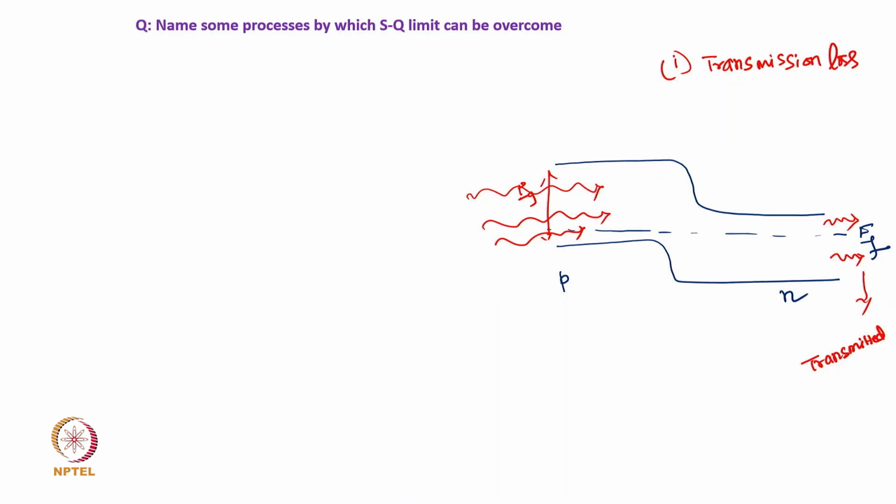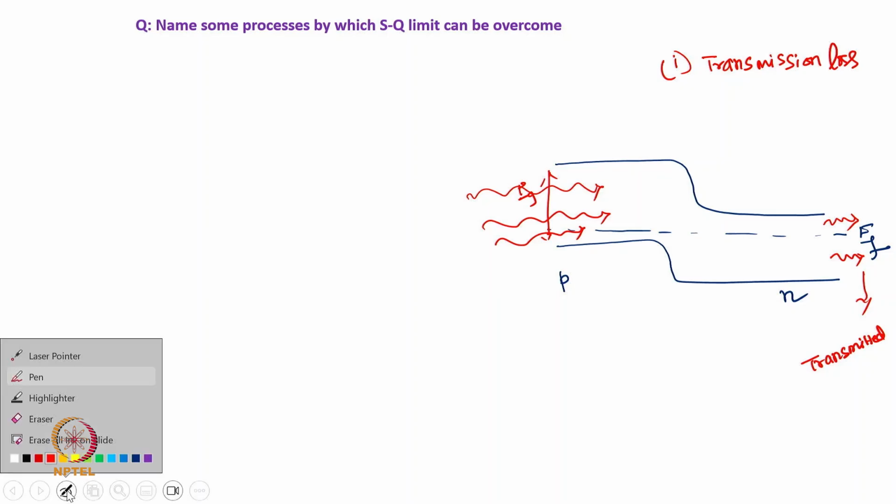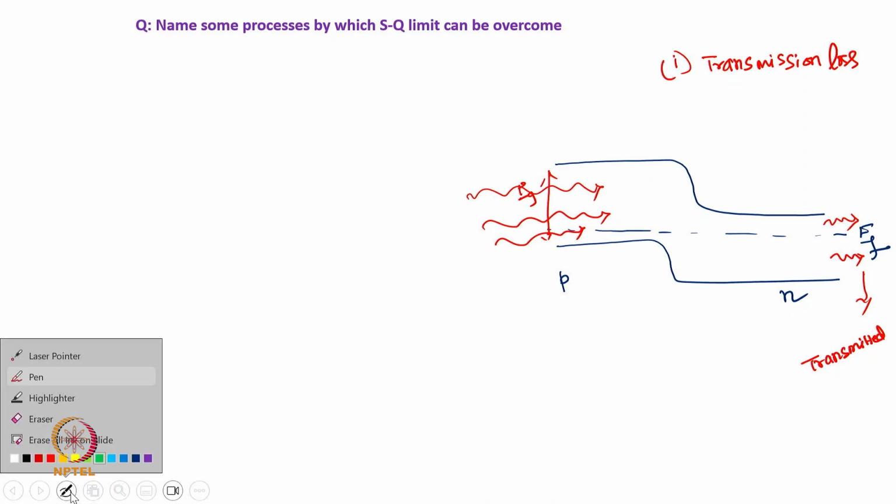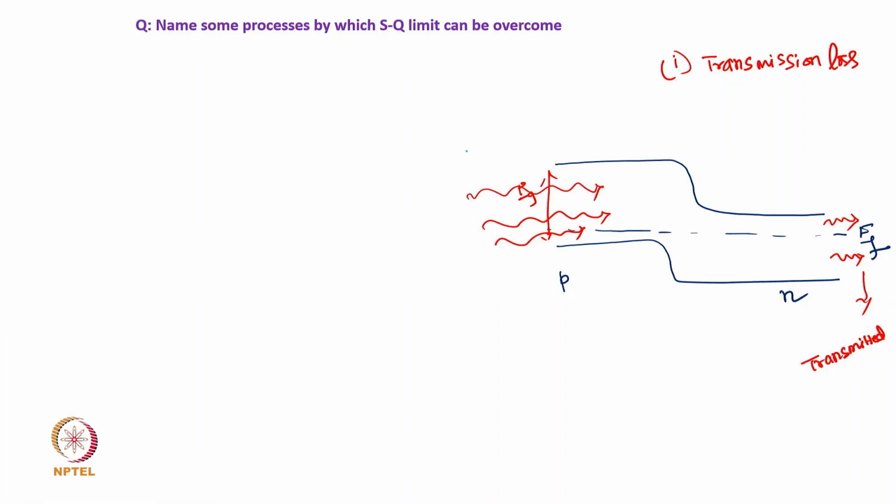Now, the light whose energy is more than this band gap energy generates charge carriers, but these electrons fall back to the conduction band edge, leading to another loss which is known as thermalization loss.